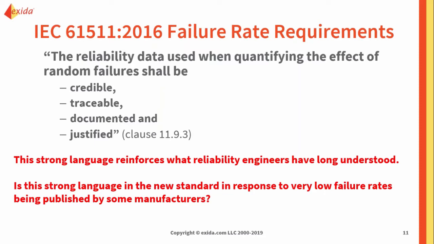However, in both the newer versions of the standards, they have upped their language in both IEC 61508 and 61511. They now not only define what failure rates are, but they say the reliability data used when quantifying the effects of random failures has to be credible, traceable, documented, and justified.